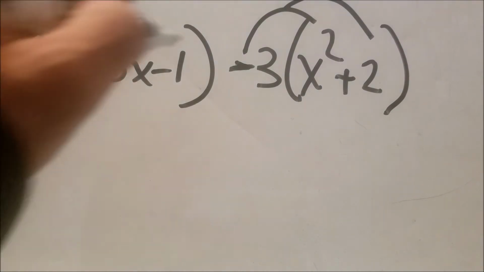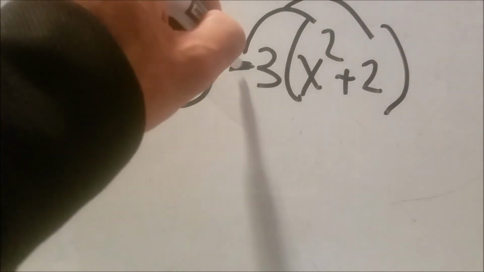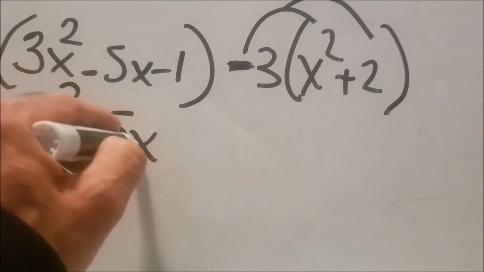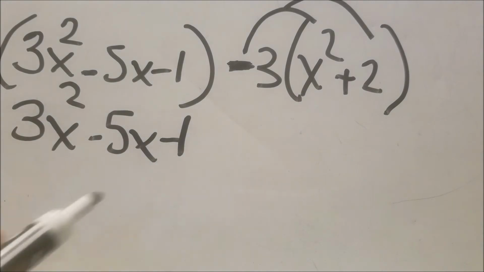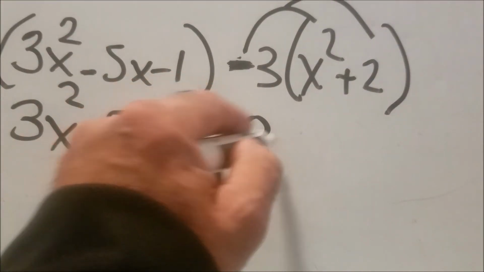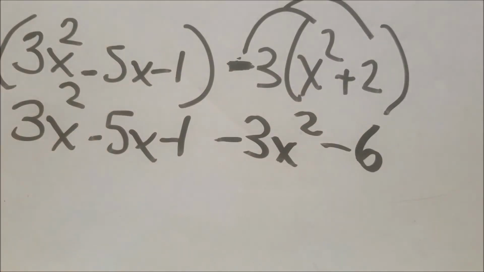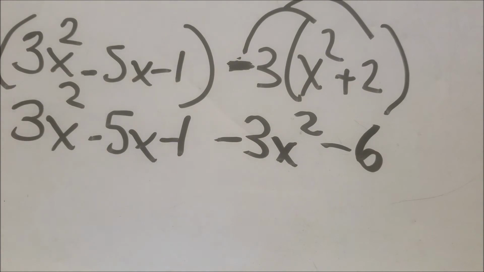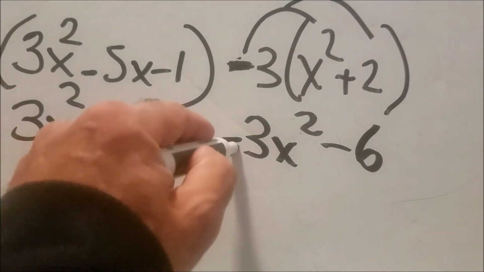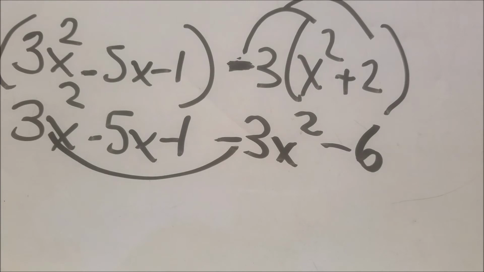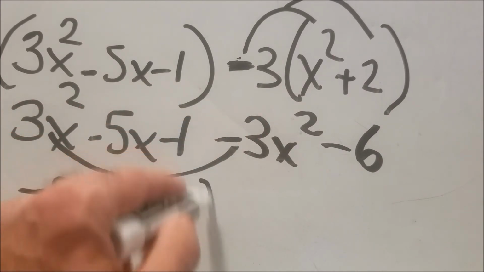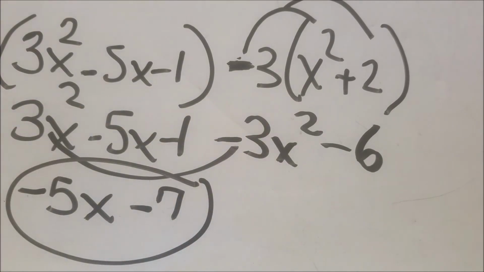And a lot of high school students, when they first get into algebra, especially in Algebra 1, would forget that. So we can keep this, 3x squared minus 5x minus 1. We don't care about the parentheses. And this will be minus 3x squared minus 6. We distributed the entire negative. Now 3x squared minus 3x squared cancels out. Negative 5x has nothing else with it, so we'll just keep negative 5x. And negative 1 minus 6 is minus 7. Here we go. That's subtraction.